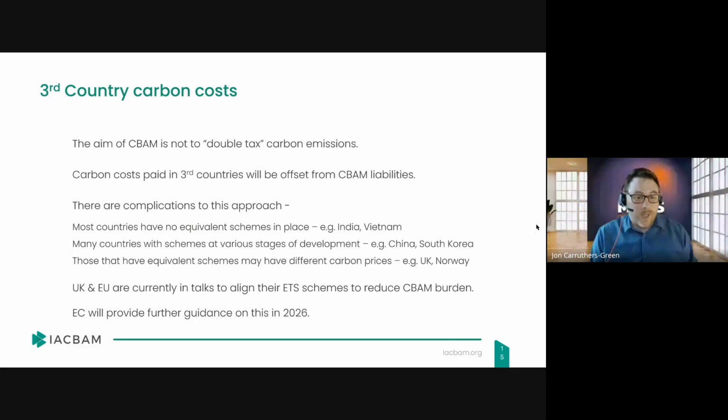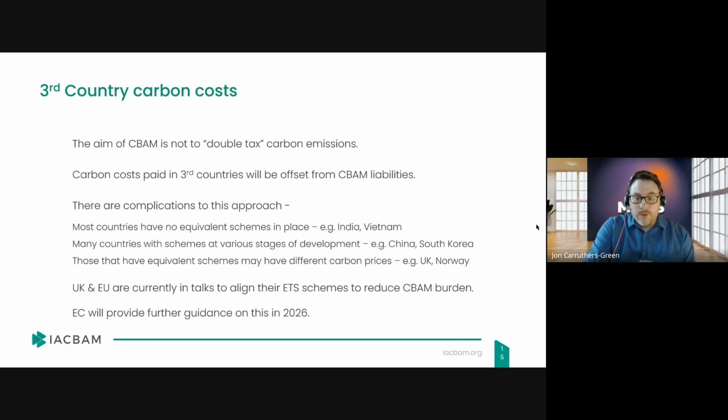To make it a little bit more complicated, many of these countries that do have some kind of carbon trading scheme or ETS scheme, they're at a different stage of development. So in China and South Korea, we see that their ETS schemes cover their energy markets and don't cover industrial producers like steel producers. So there's still a question as to exactly how their emissions will be dealt with.